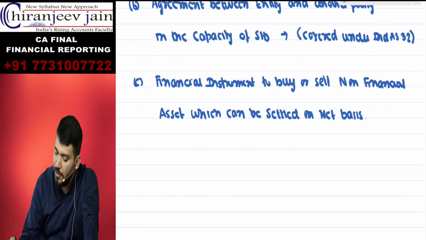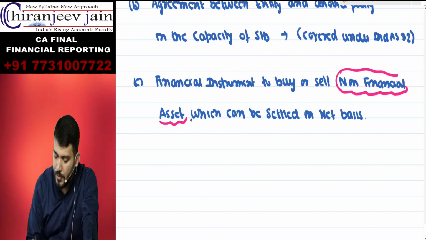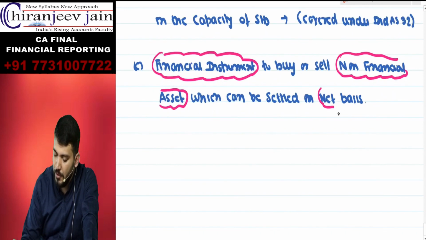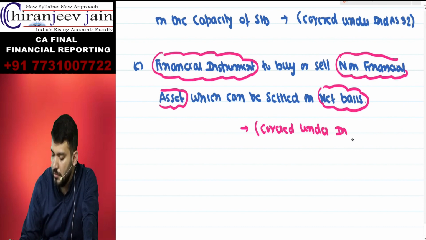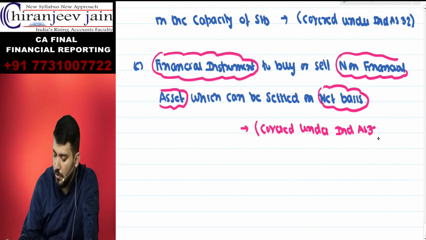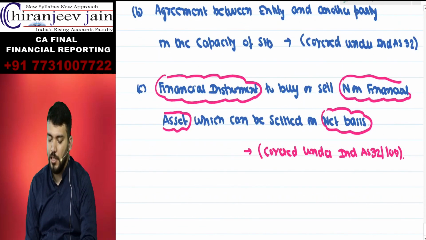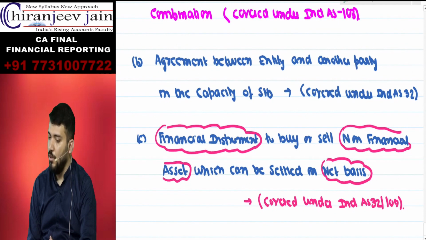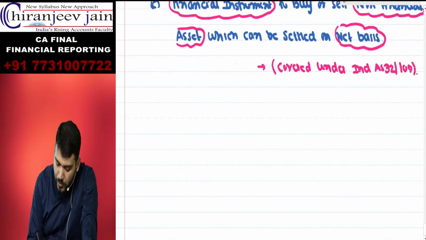Of course, I can't explain you right now. What is the meaning of non-financial asset? What is the meaning of financial instrument? What is the meaning of net basis? We'll explain that where it is covered, under Ind AS 32/109. So there we'll do this. Okay? So these are not covered under Ind AS 102, specifically excluded. Okay? Point number 4.